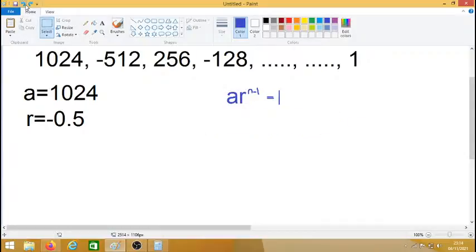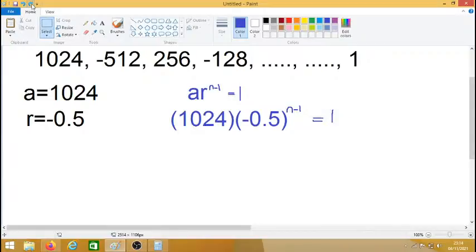Okay, so starting with the nth term formula, first 1024 for your A, minus 0.5 for your R, and n minus 1 for your power is equal to 1. And then we want to divide by 1024. And then we want to take the log of both sides.